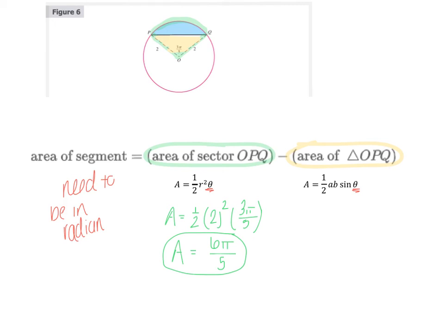Now I need to take away the yellow triangle. So area 1/2. Again, this is not a right triangle, so this is why I need to use 1/2 AB sine theta. A is 2, B is 2, and then its sine, again, it needs to be in radian, 3 pi over 5.